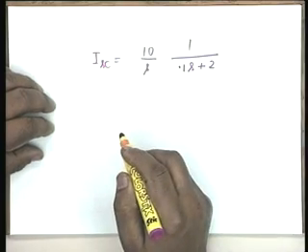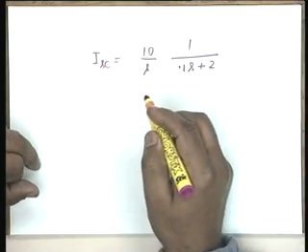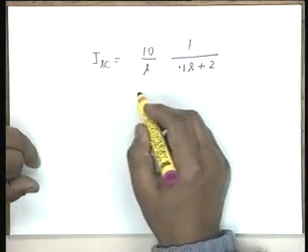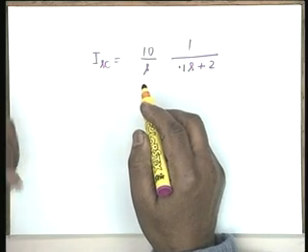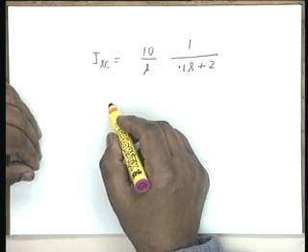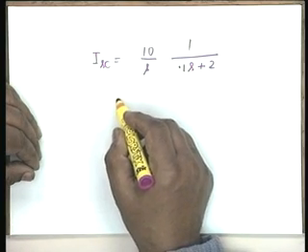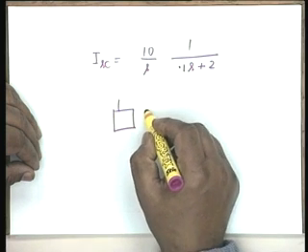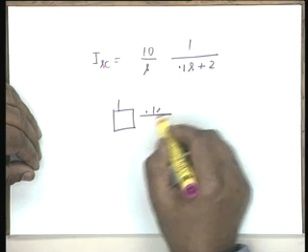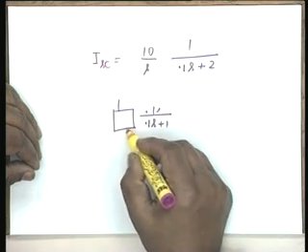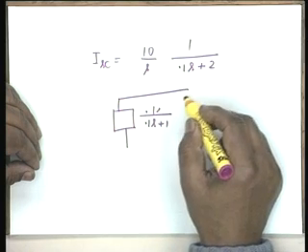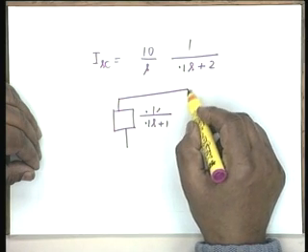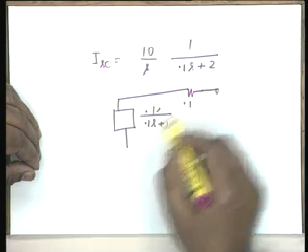This is the current source, and the equivalent impedance is the same as the Thevenin impedance, and that would be 0.1 divided by 0.1 S plus 1, this impedance, in series with 0.1 ohm.